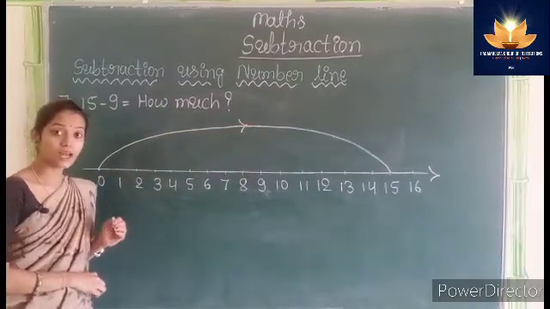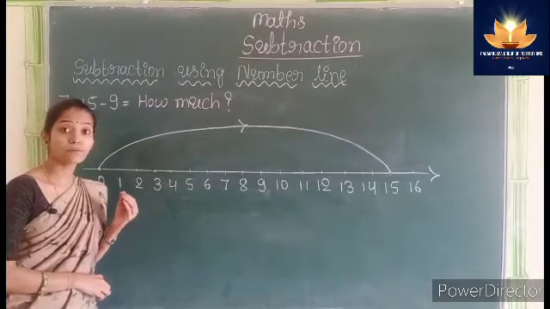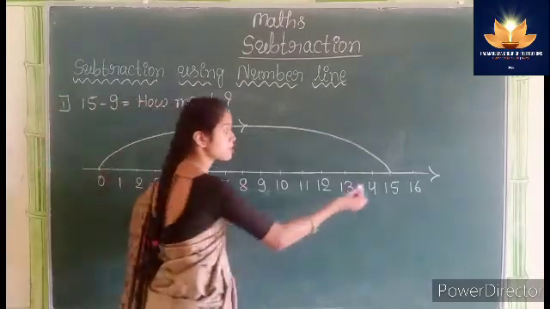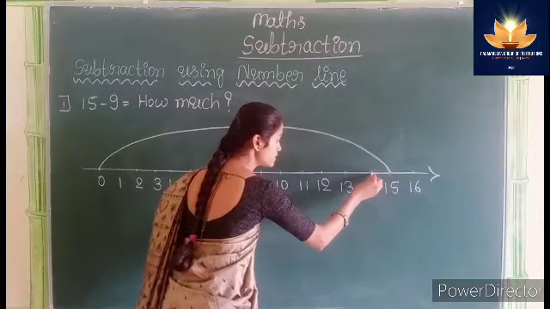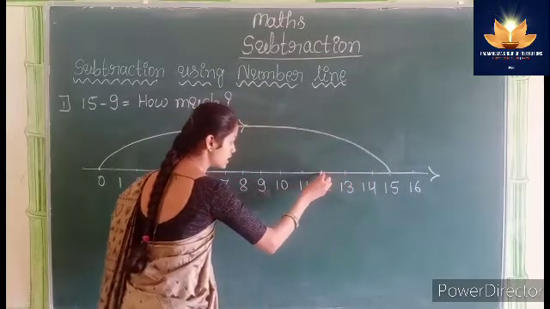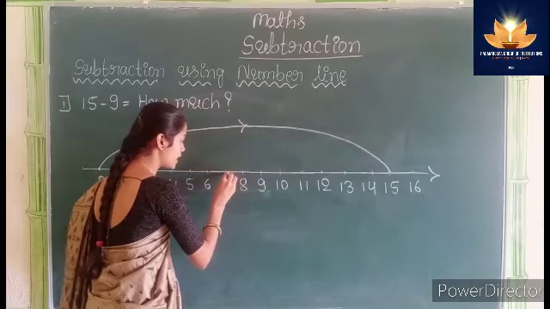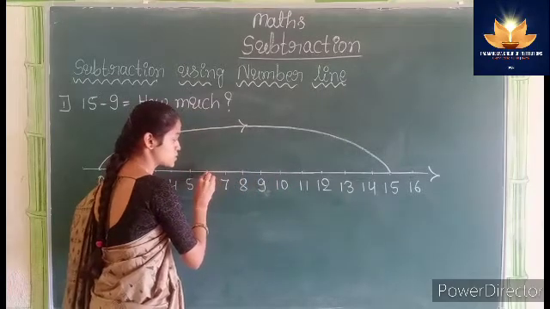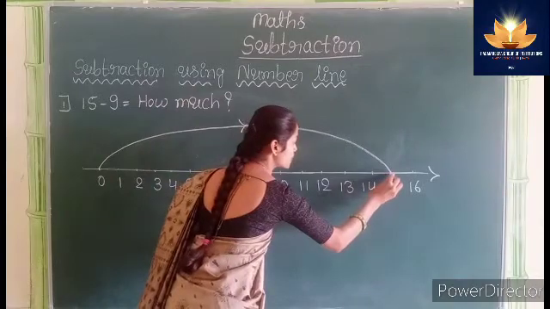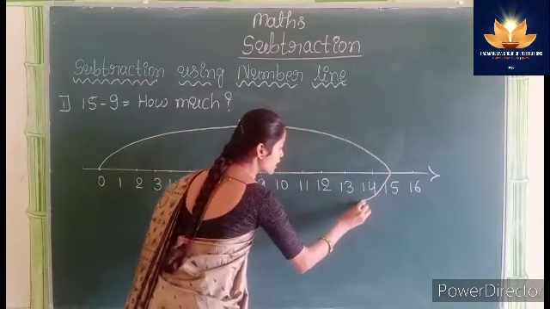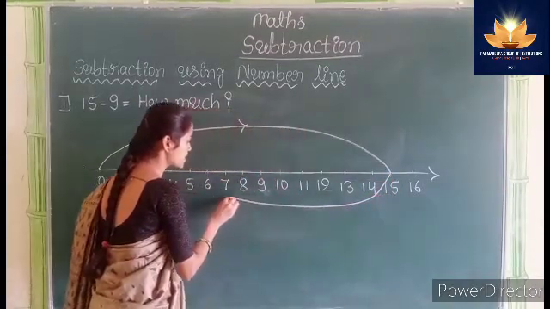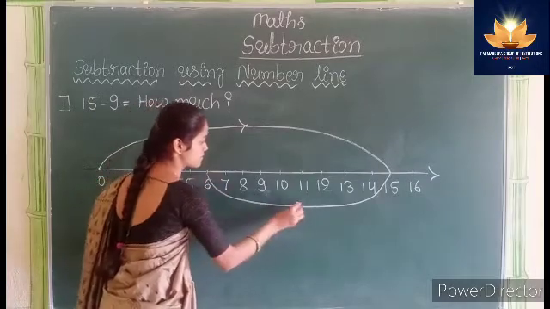Then we have to subtract 9 from this 15. For that we have to count 9 points back from this 15. 1, 2, 3, 4, 5, 6, 7, 8, 9. So from 15 we have to draw a line to this 6.